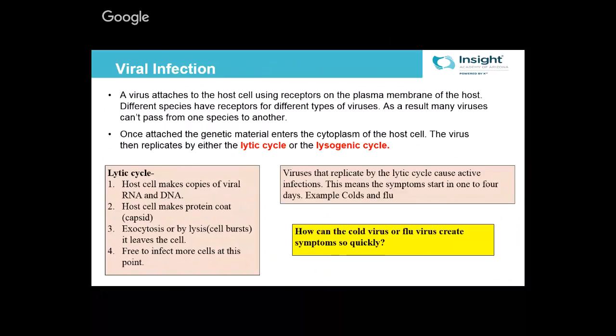Another way that those capsids or viruses can be released outside of the cell is when the cell bursts. So the breakdown of the cell wall is called lysis. Then the virus is free to infect more cells at this point.